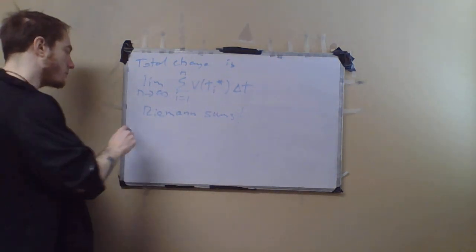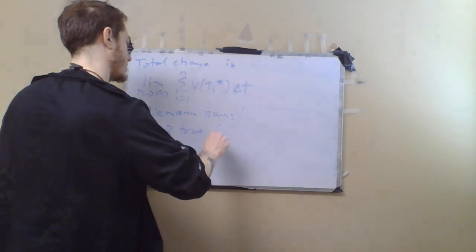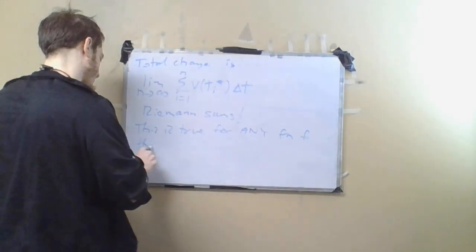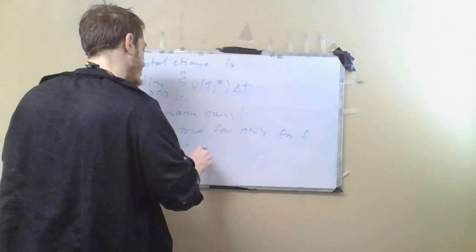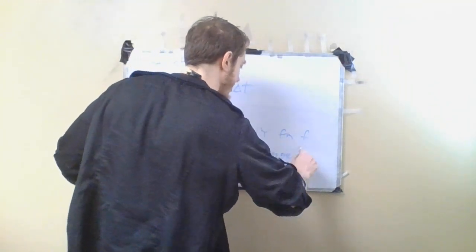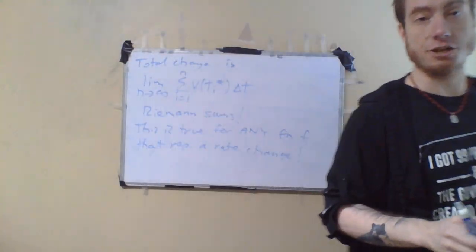And this is true for any function f that represents a rate of change. It's not something special to the velocity function. It's really just something we would expect for any rate of change.